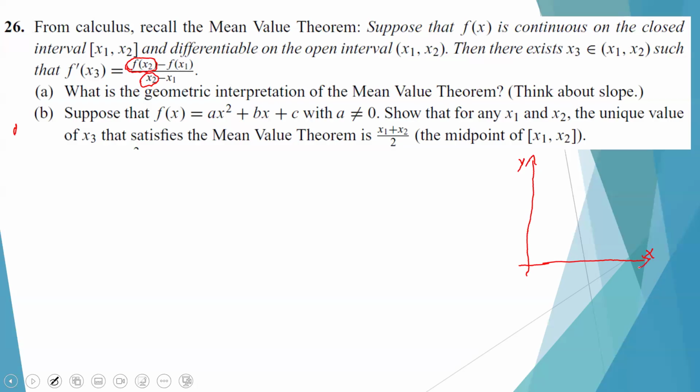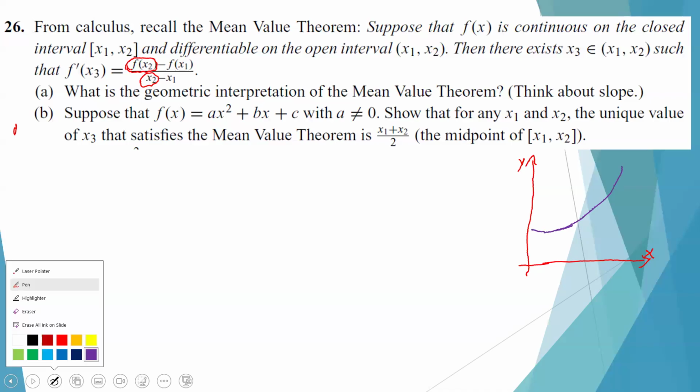And then let's put a curve in, in a different color. We'll do that color. So we have a curve. Let's start it down here, maybe. It goes up like that. Okay. All right, so there's my curve. And it really doesn't matter what I draw, but it's a curve and it is continuous.